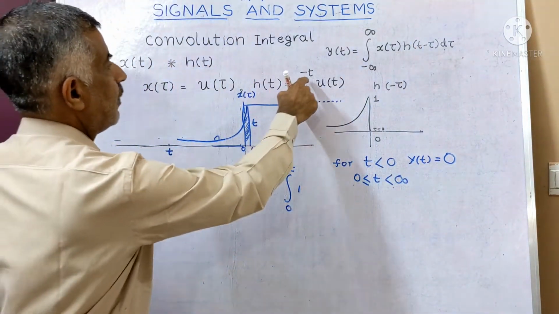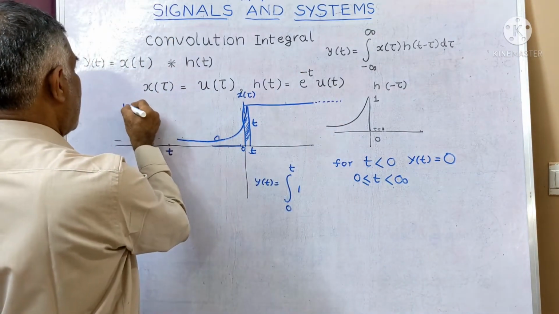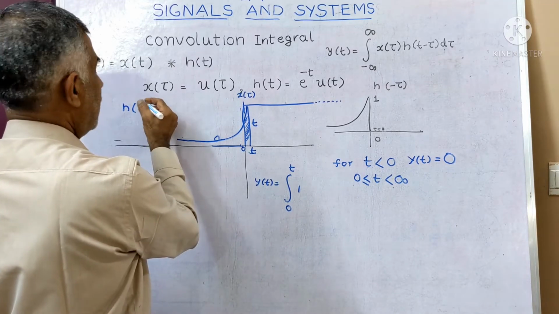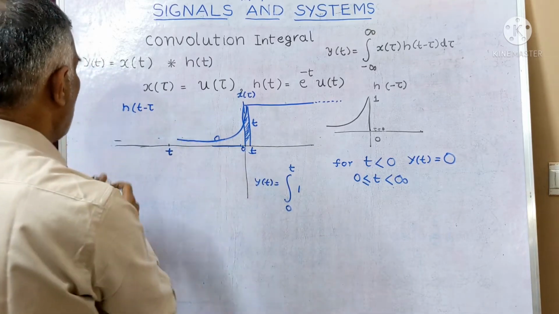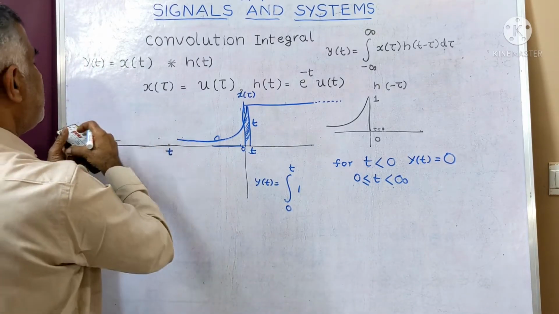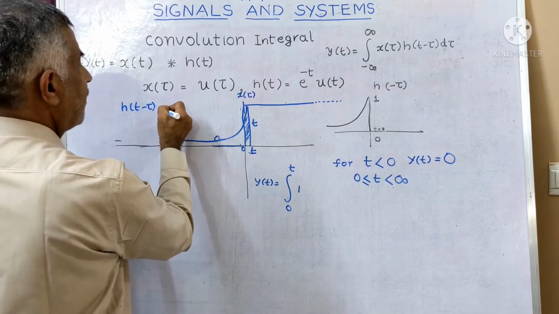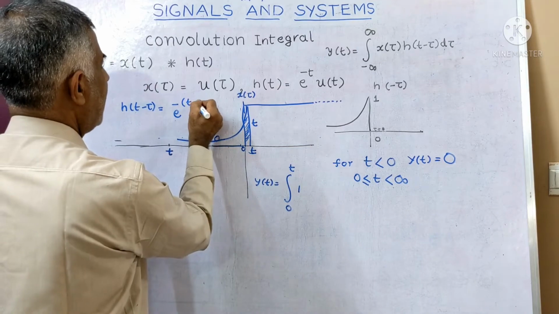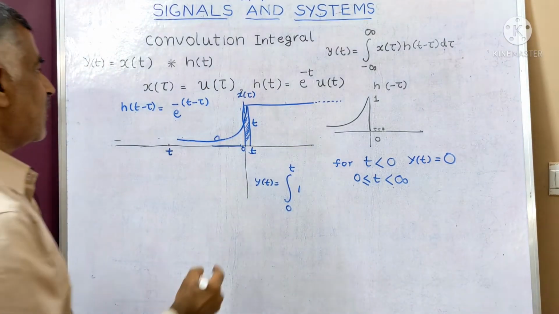So here h of t is e power minus t, and h of t minus tau is e power minus t minus tau, wherever t is replaced by t minus tau.